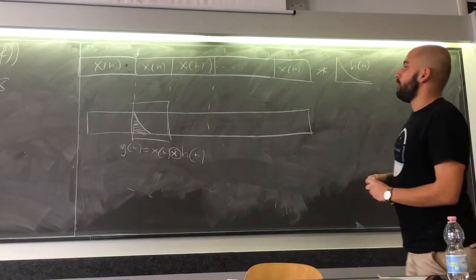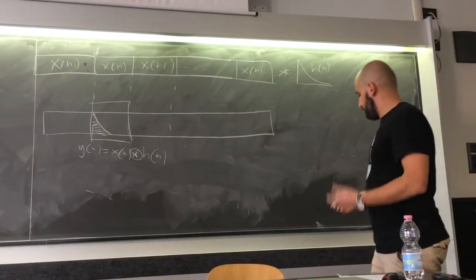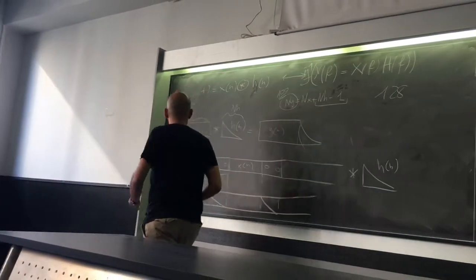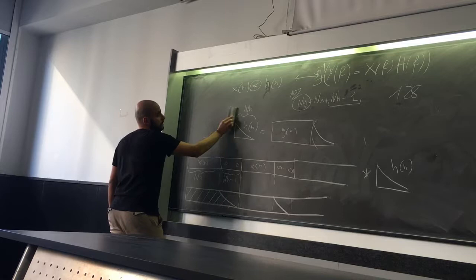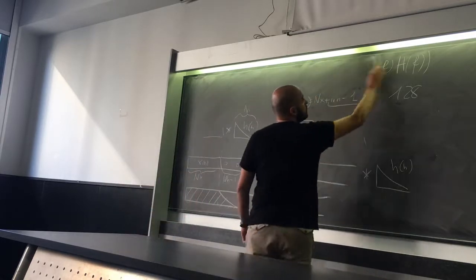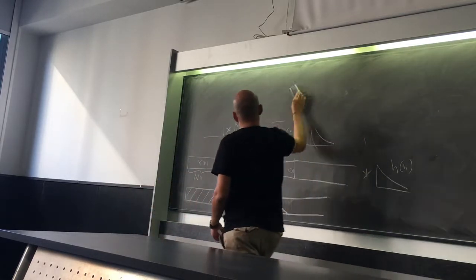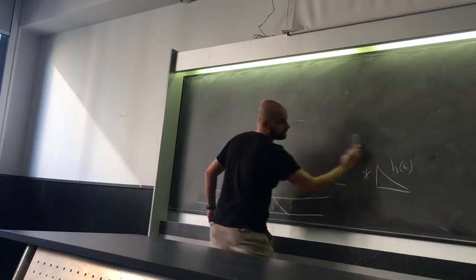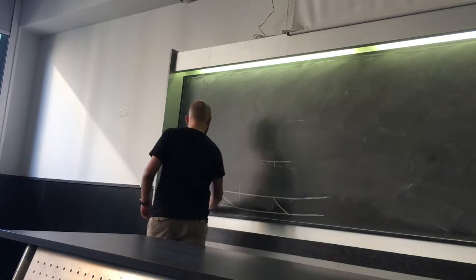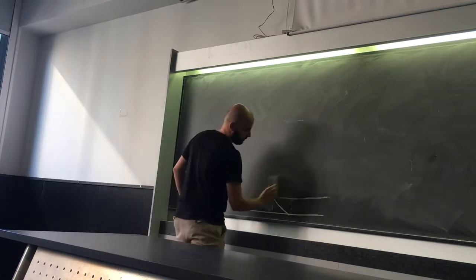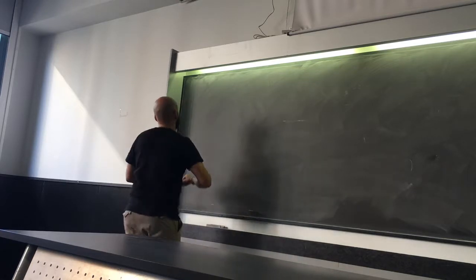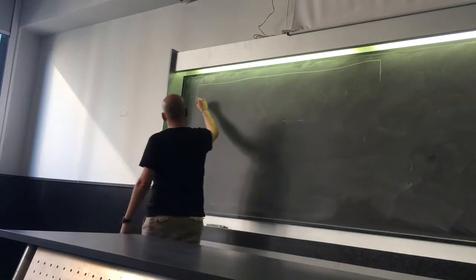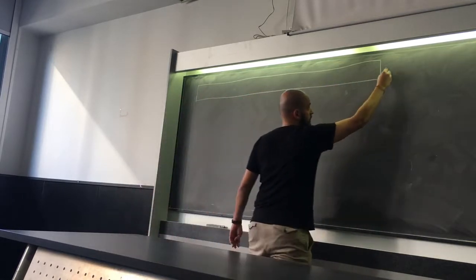But the point is, what happens if you have such a long input sequence X that you are actually not able to do this? Assume now that the sequence X is incredibly long.